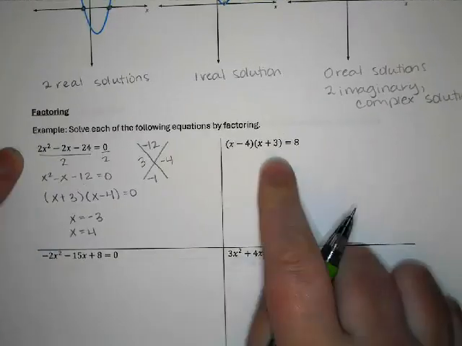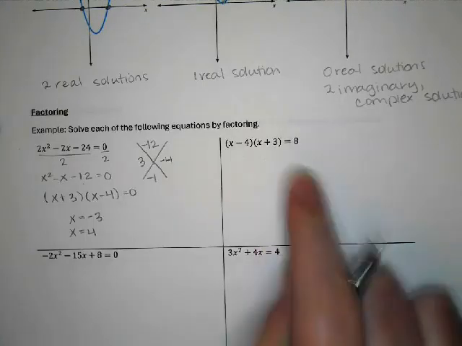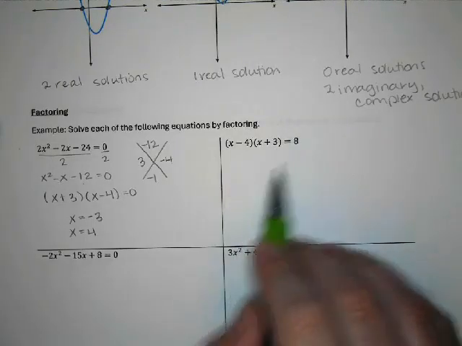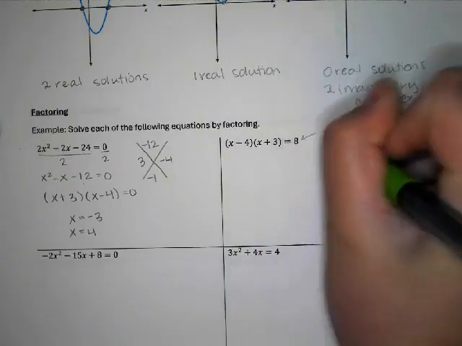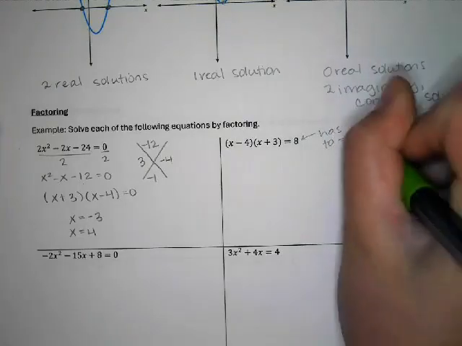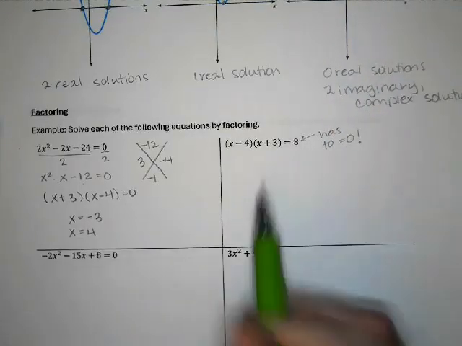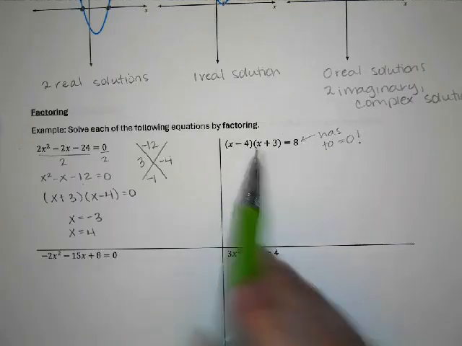All right, the next one looks like it's already in factored form. x minus 4, x plus 3. The problem is that it equals 8, and it has to equal 0. So for this problem, we're going to have to multiply these two parentheses out.